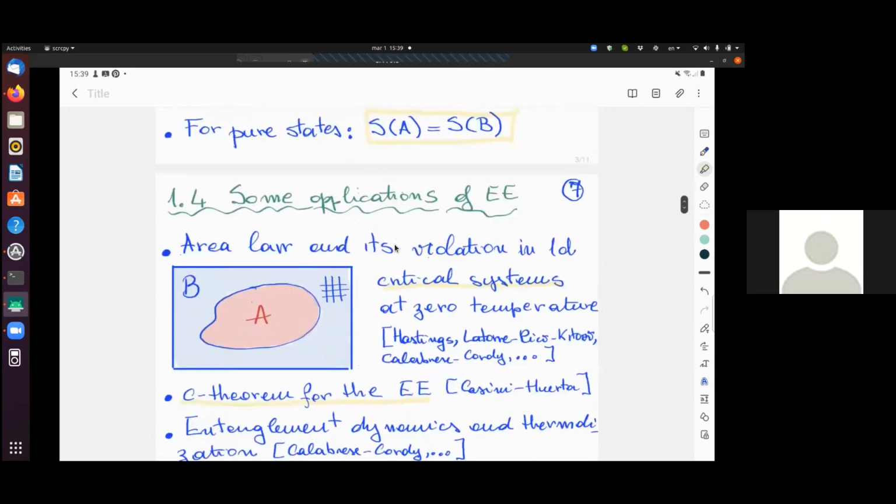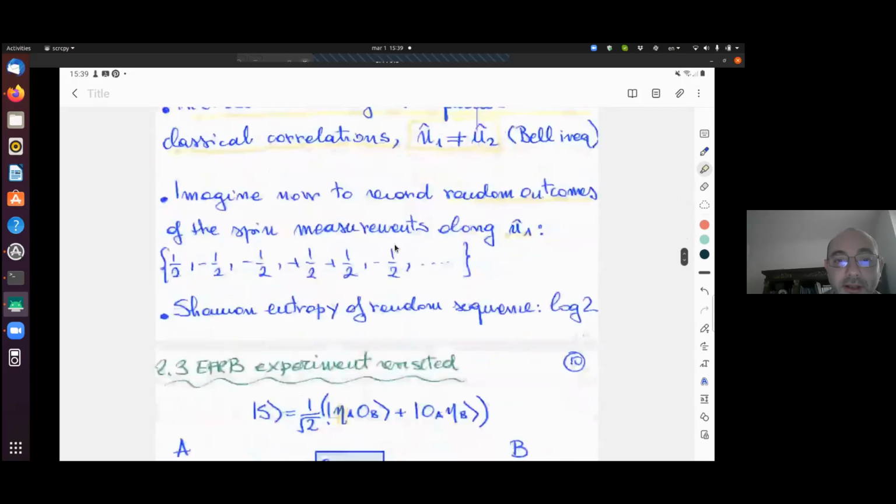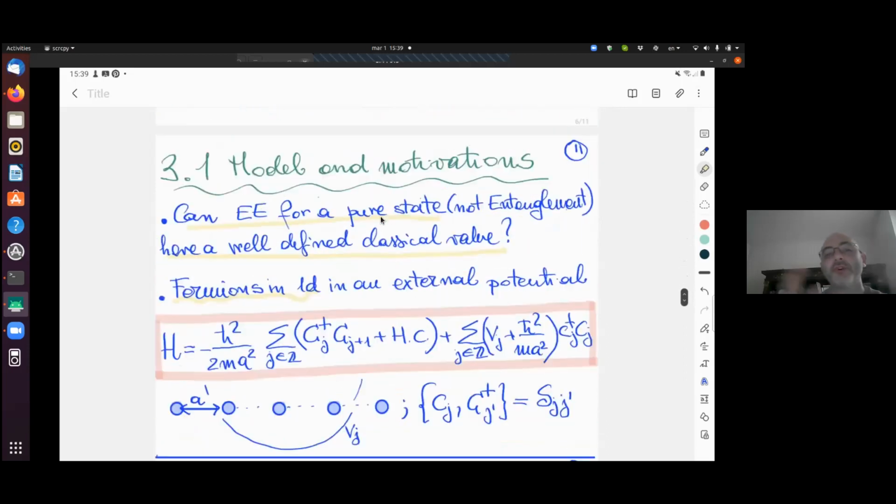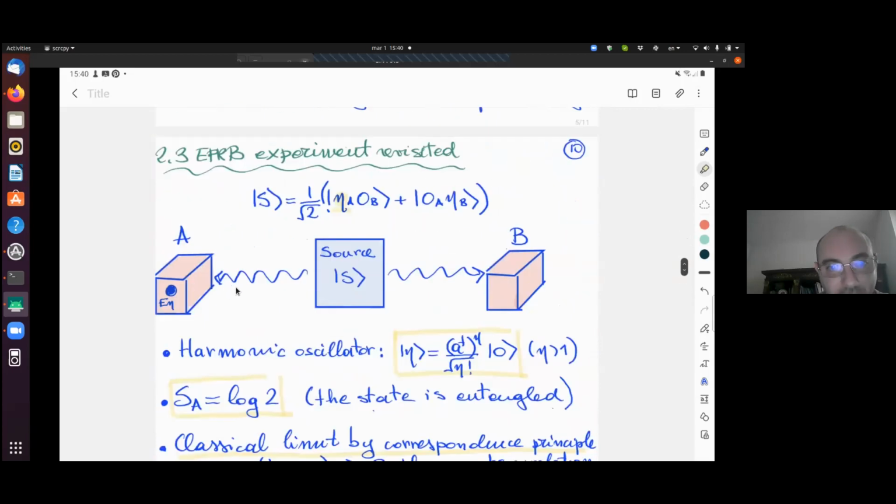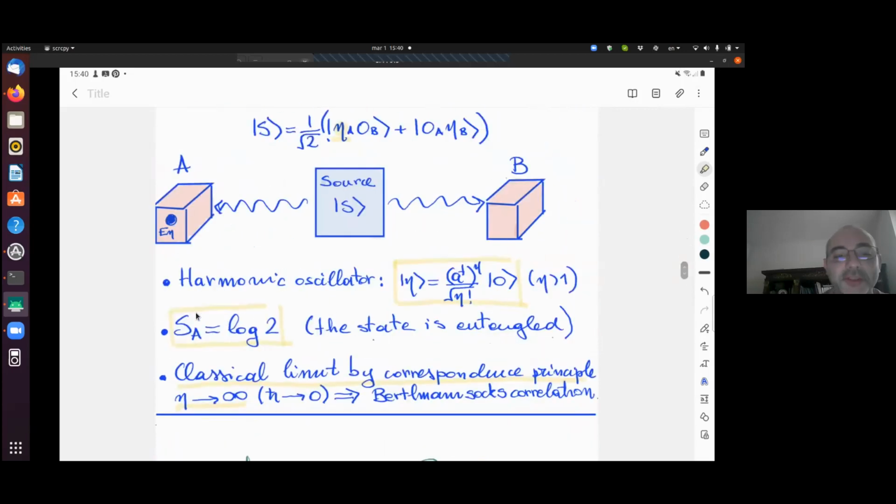Okay, thank you. So perhaps it's surprising that this notion of entanglement entropy for a pure state survives also in the limit in which the system becomes classical. I showed you this in the simple example, where this entanglement entropy was really independent of h bar. It's just a number, and it does not depend on eta, the integer parameterizing the state.